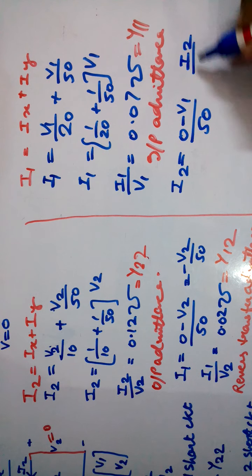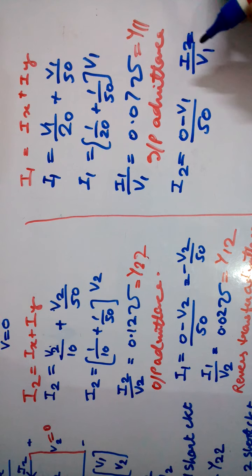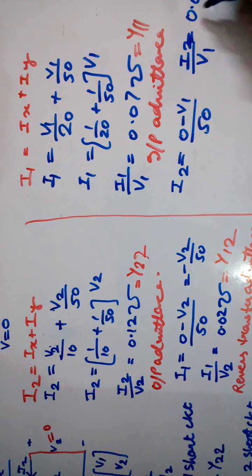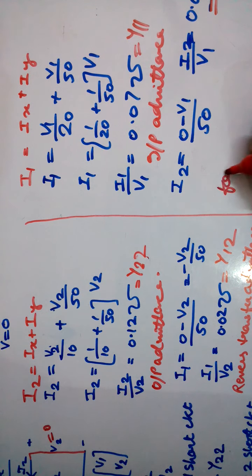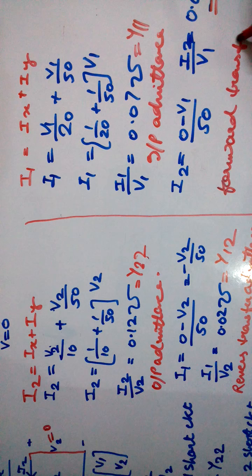So I2 upon V1, on solving it further, you will get 0.02 mho admittance. It is Y21. I2 upon V1 is also called forward transfer admittance, the ratio of output current to input.